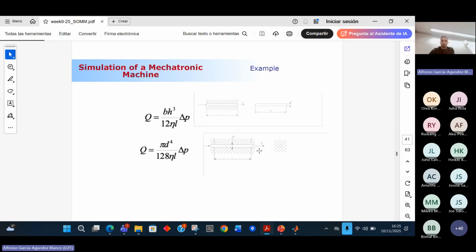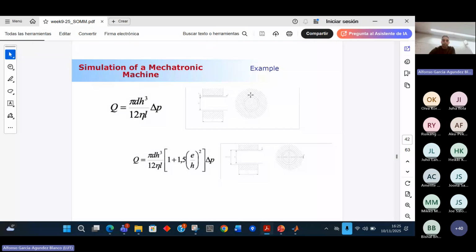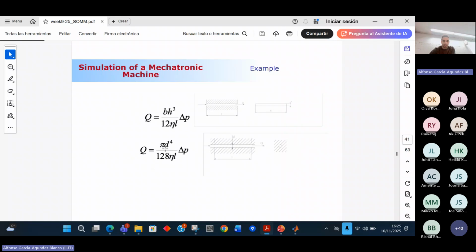For the most typical case of a circular pipe, this would be the CL, okay? CL times delta P. If we consider now a circular crown, as shown here, this would be the expression. You can see that it changes, okay? But in all the cases, it's a function of the geometry.